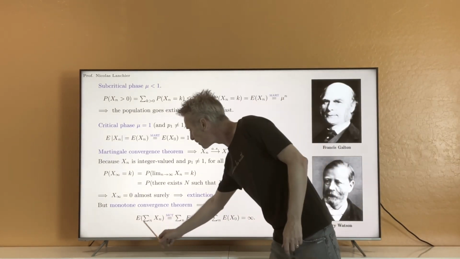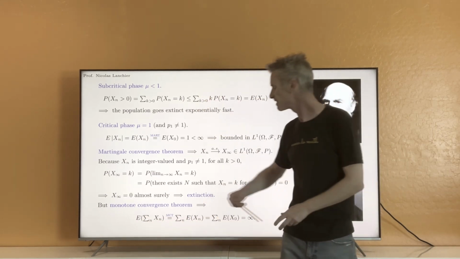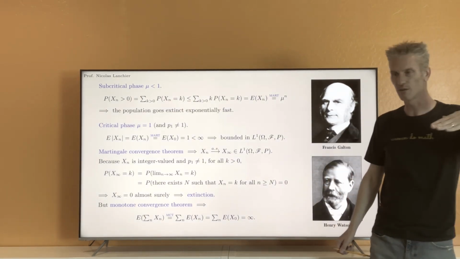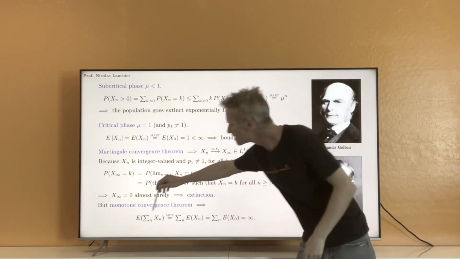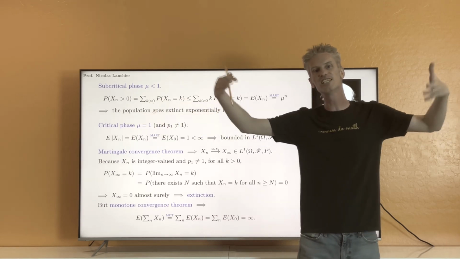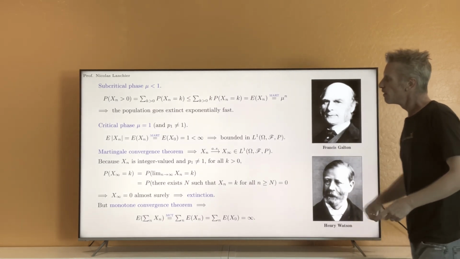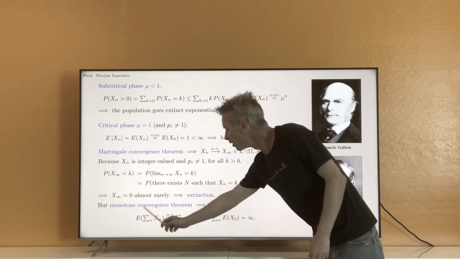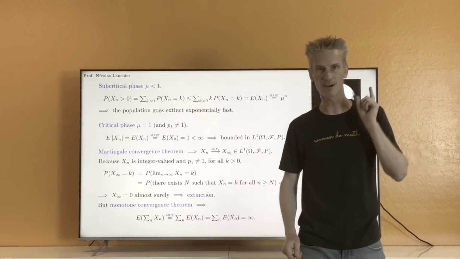So I'm reminding you this quantity here. I'm looking at the infinite sum of the Xn. That's exactly the number of individuals at generation 0 plus the number of individuals at generation 1 plus the number of individuals at generation 2 and so on. So this infinite sum here is indeed the total number of individuals in your process across time, the cumulative number of individuals. Convergence almost surely to 0 here shows that this random variable, this infinite sum, must be almost surely finite.